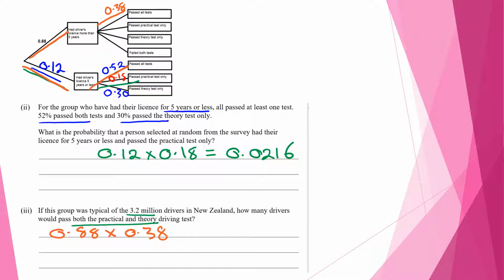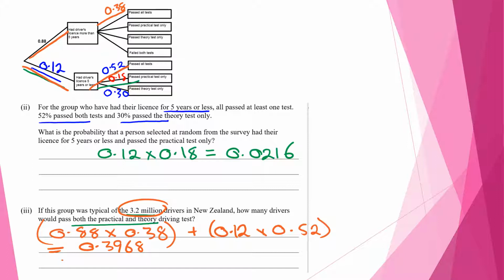So that's now looking at adding in the probability for the 5 years or less, and pass both tests. So work out both those probabilities and add them together, and we should get 0.3968. We're not complete yet because we still need to work out how many of the 3.2 million will have passed both.